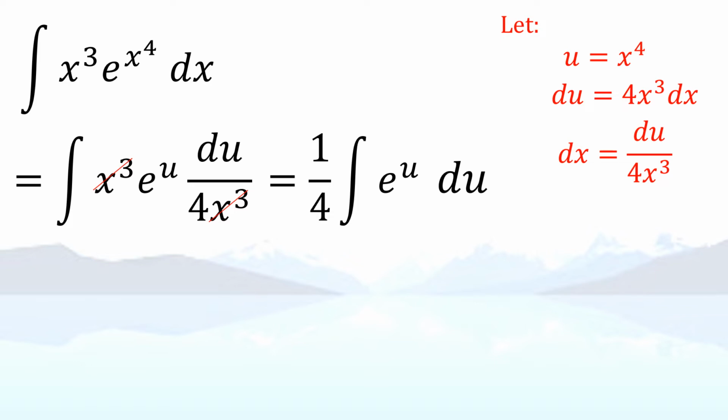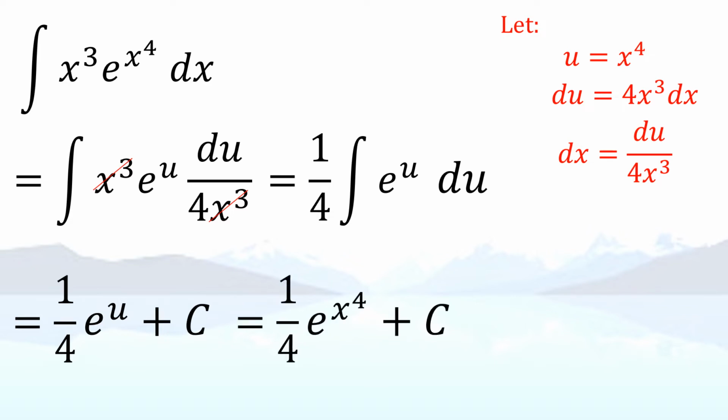So integrating e to the u, it is equal to e to the u plus c. And then don't forget to write 1/4. So we have 1/4 e to the u plus c. And then substituting the value of your u, the final answer would be 1/4 e raised to x to the fourth plus c.